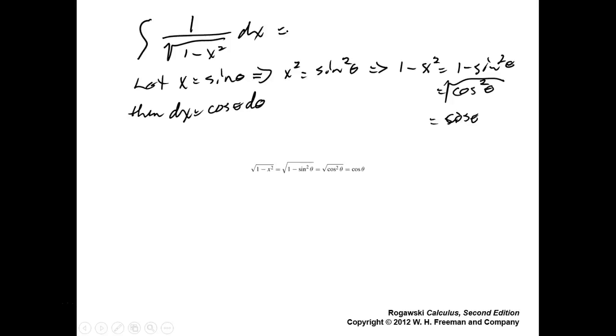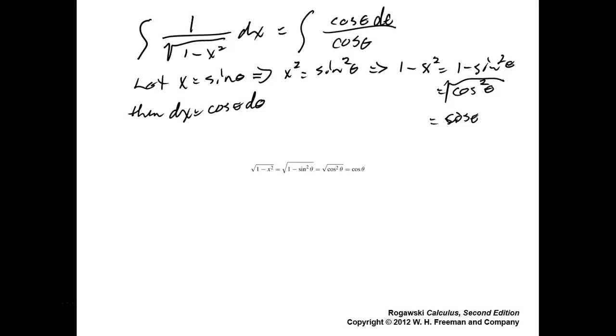Your dx here is, this is the integral of, the dx is cosine theta d theta, and your square root of 1 minus x squared would be square root of 1 minus sine squared, which would be square root of cosine squared, which would be cosine theta. Now, you could have written all that up there.